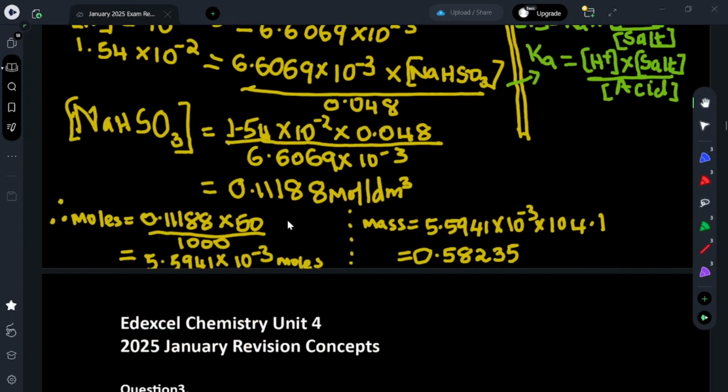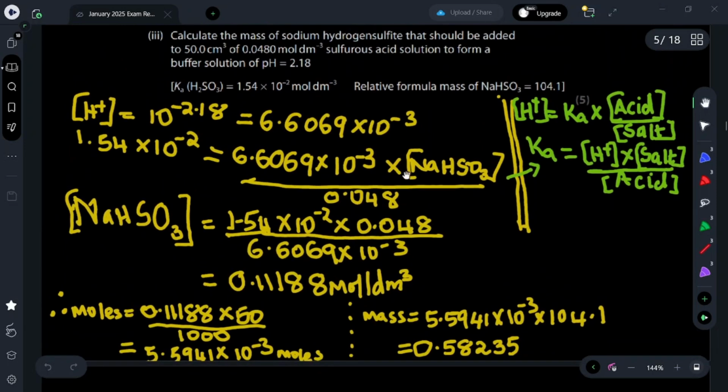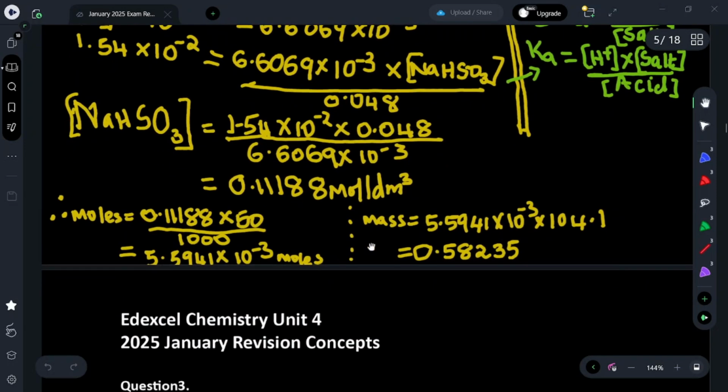We need to use the concentration and the volume we have to get the moles. The volume was 50 from the question, so we can use the volume and the concentration we defined.